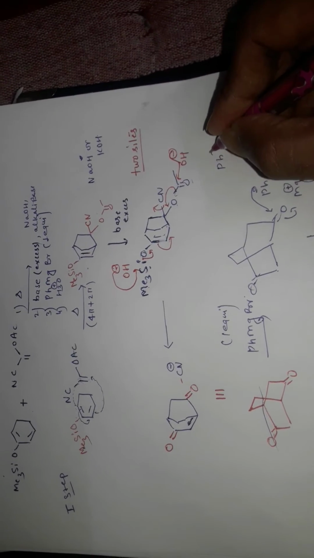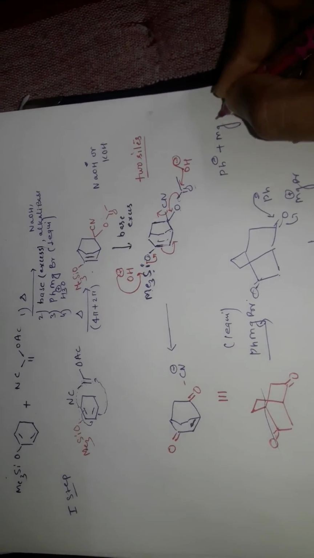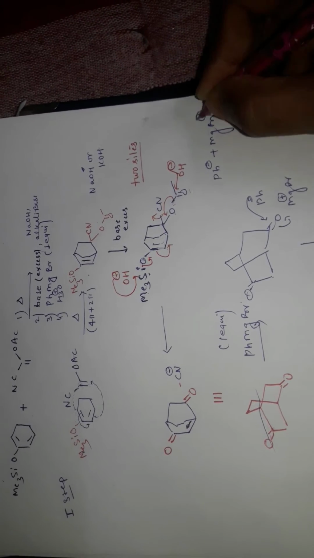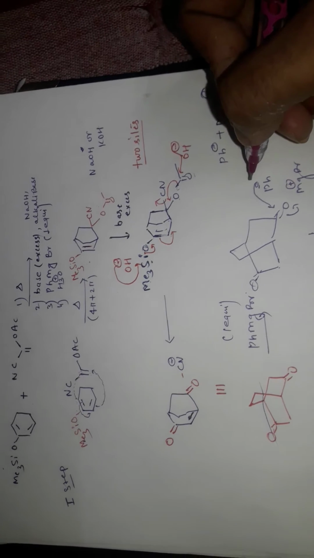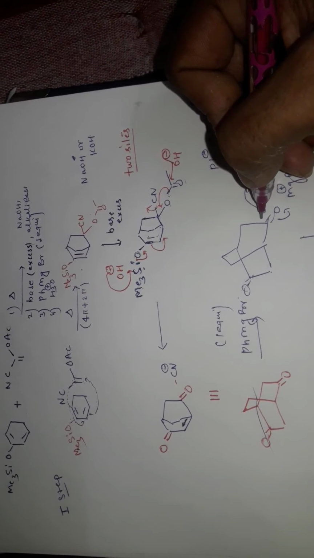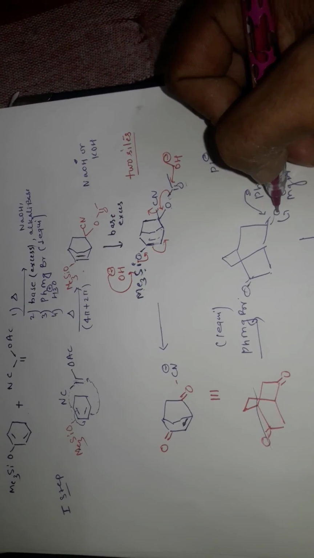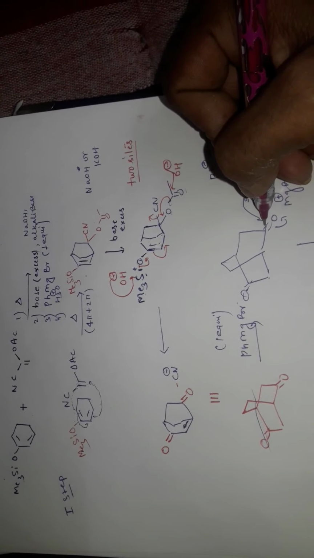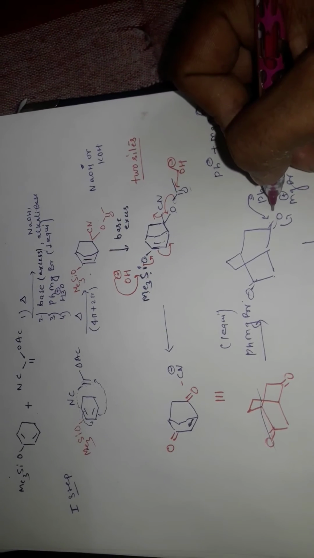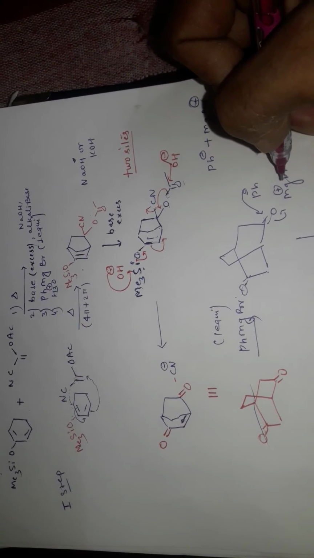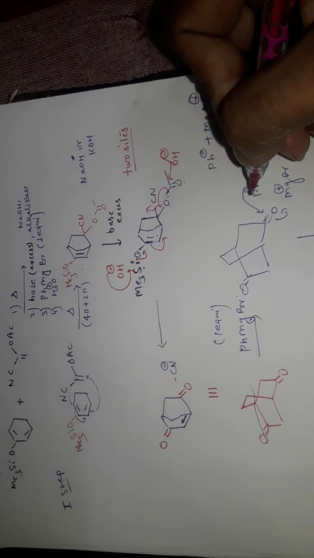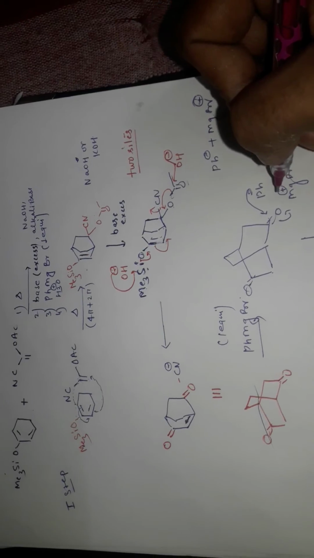Okay, Ph minus plus MgBr plus. So if you see, this phenyl will act on this C double bond O, and this double bond will break down here, and the negative charge will further attack the magnesium bromide. Okay, so this is the mechanism of phenyl magnesium bromide.